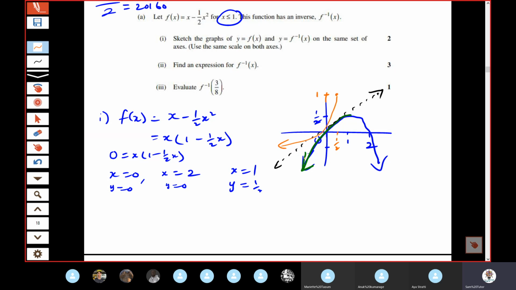Does that look right? This one's been definitely flipped there. I guess so.